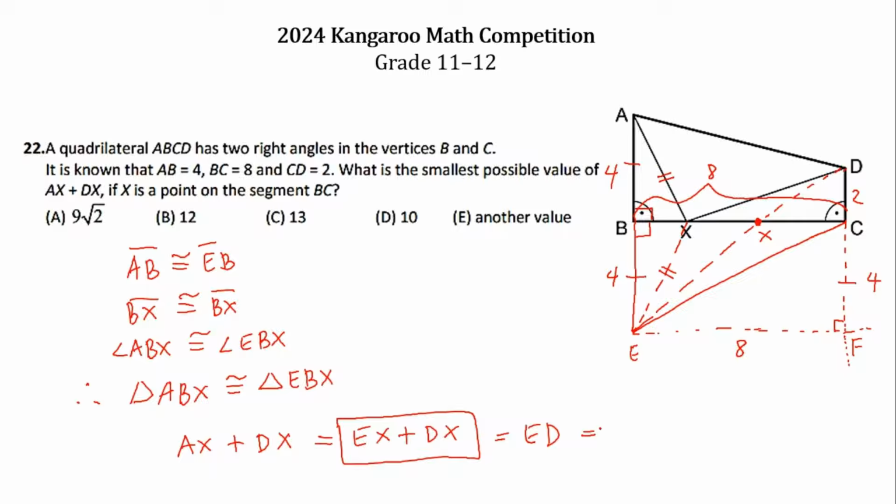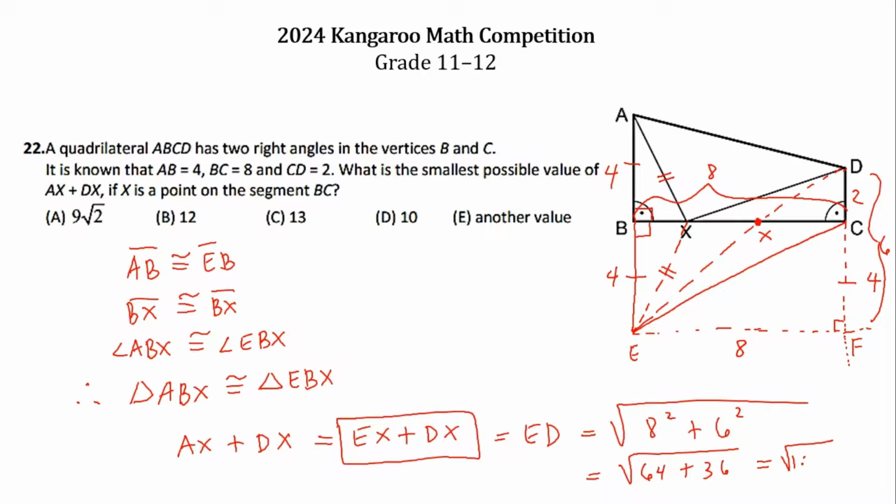And by the Pythagorean theorem, ED is equal to the square root of 8 squared plus 6 squared. This one is 6, right? So that's equal to the square root of 64 plus 36, or square root of 100, which is equal to 10. So this is the minimum value of AX plus DX. And that is option D.